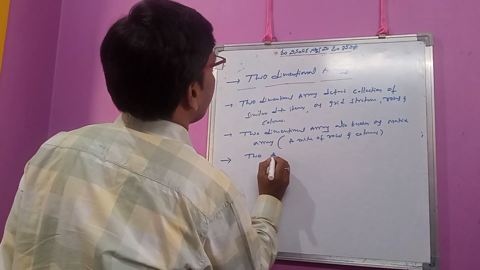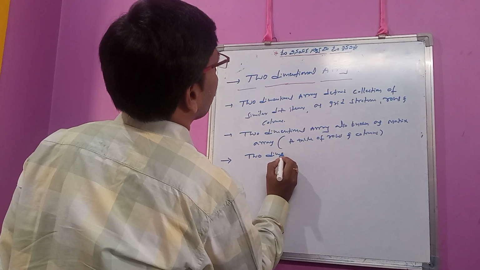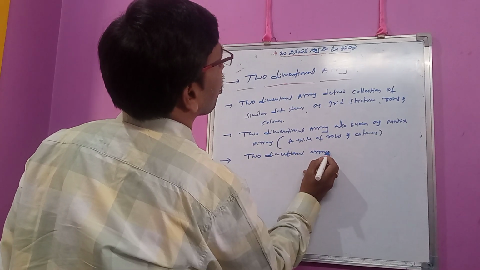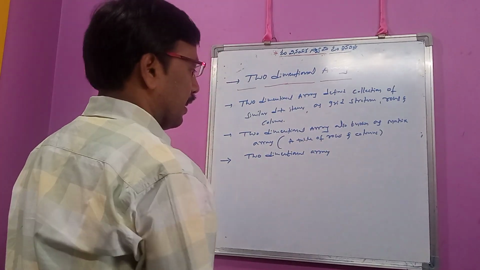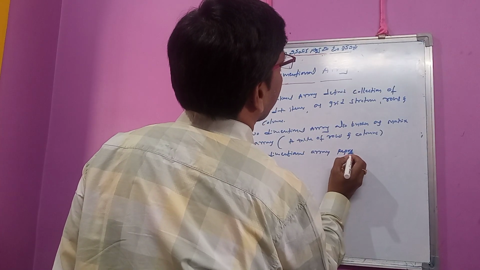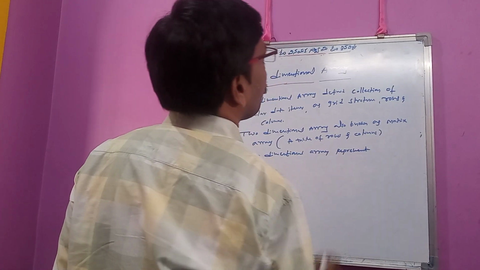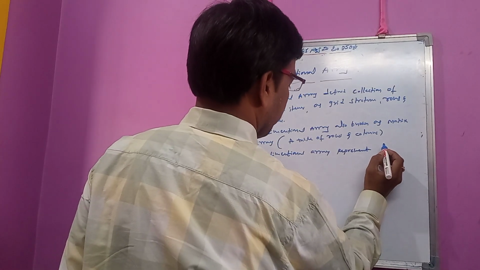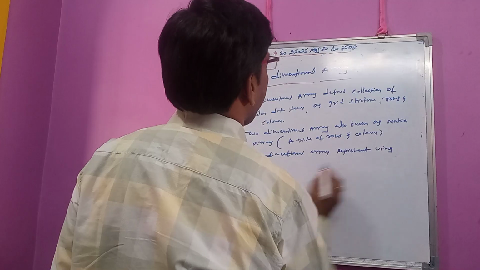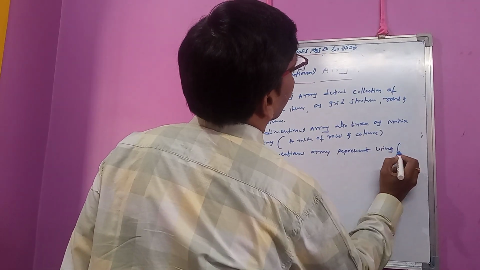Two-dimensional array is represented using two square brackets.